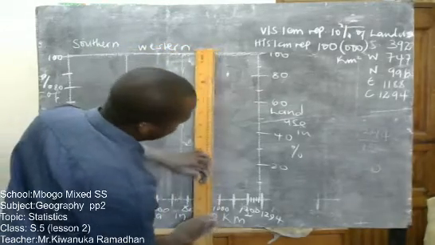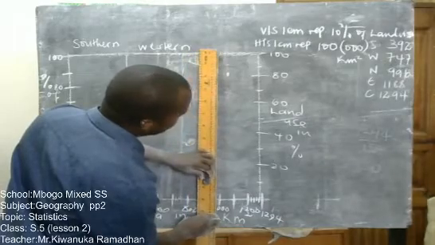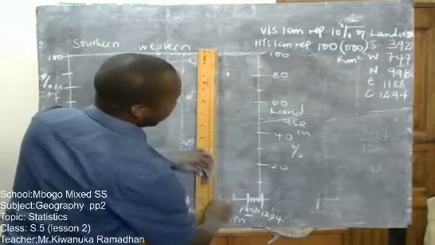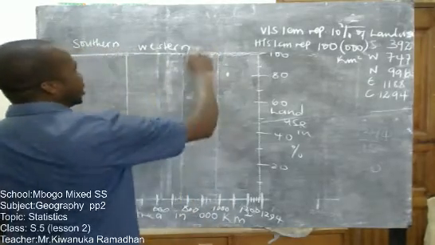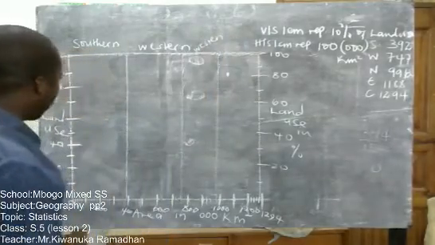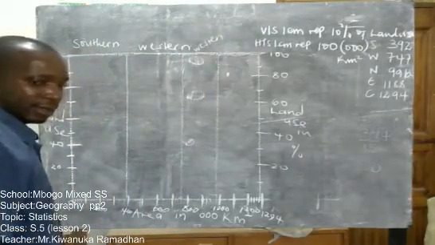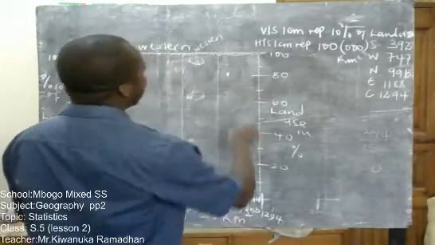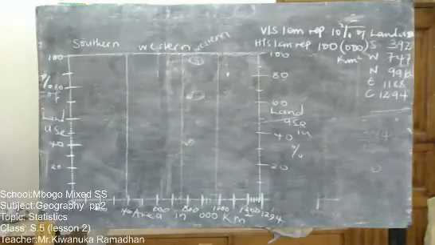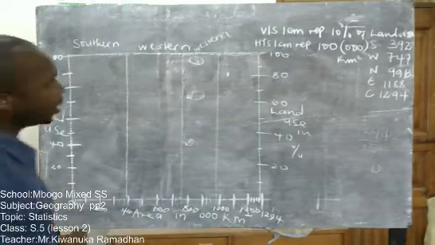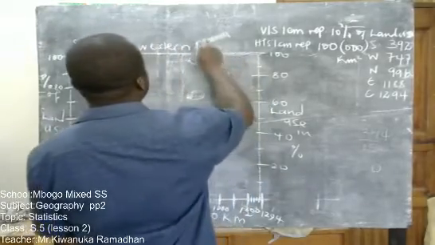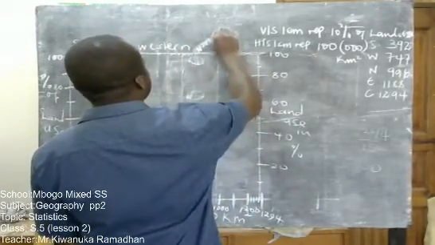Then 96 is somewhere here. And what is that? No, it is northern.